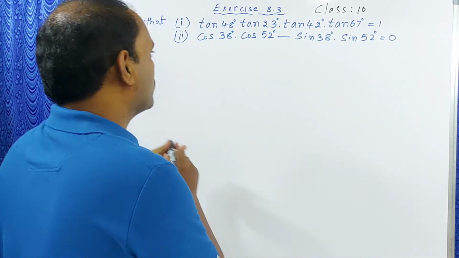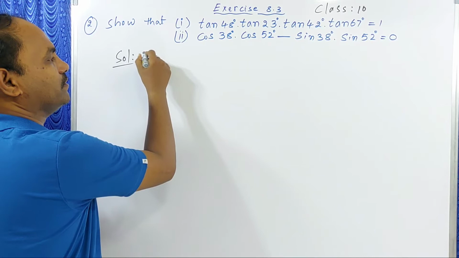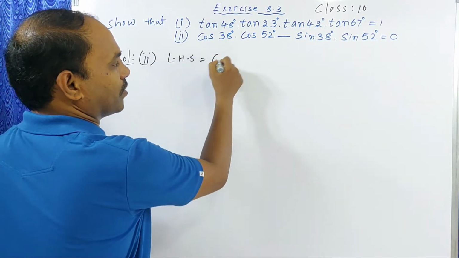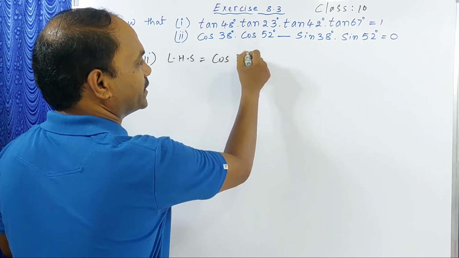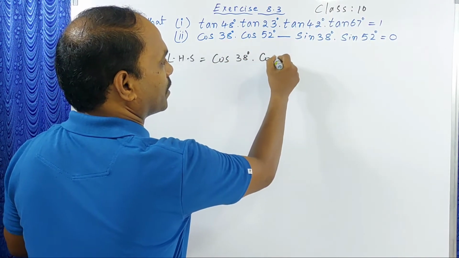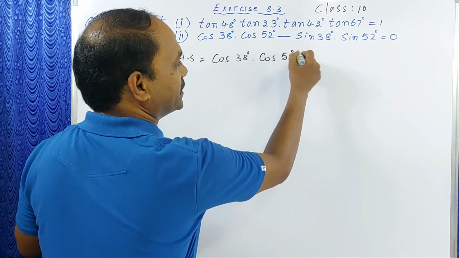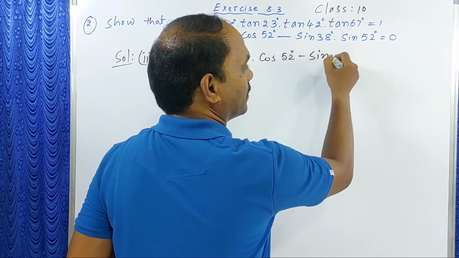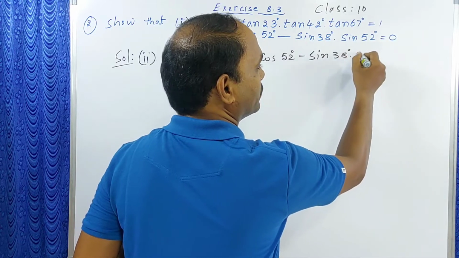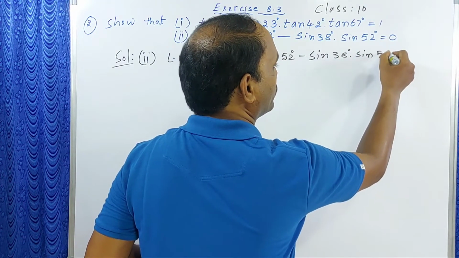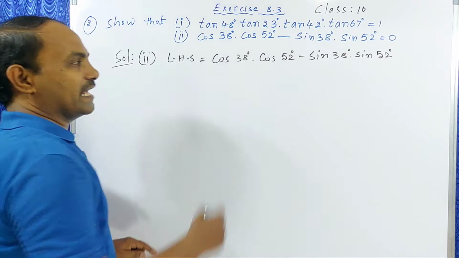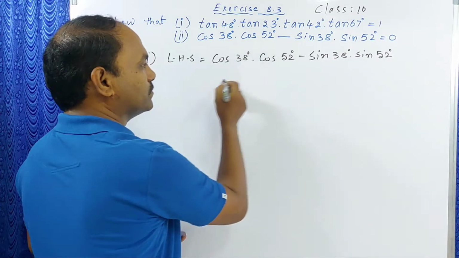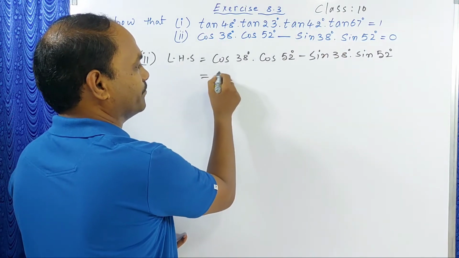Okay. Now what is LHS in the second question? LHS value is cos 38 degrees into cos 52 degrees minus sin 38 degrees into sin 52 degrees. This one is LHS there. So I will write these two into 90 minus theta form.